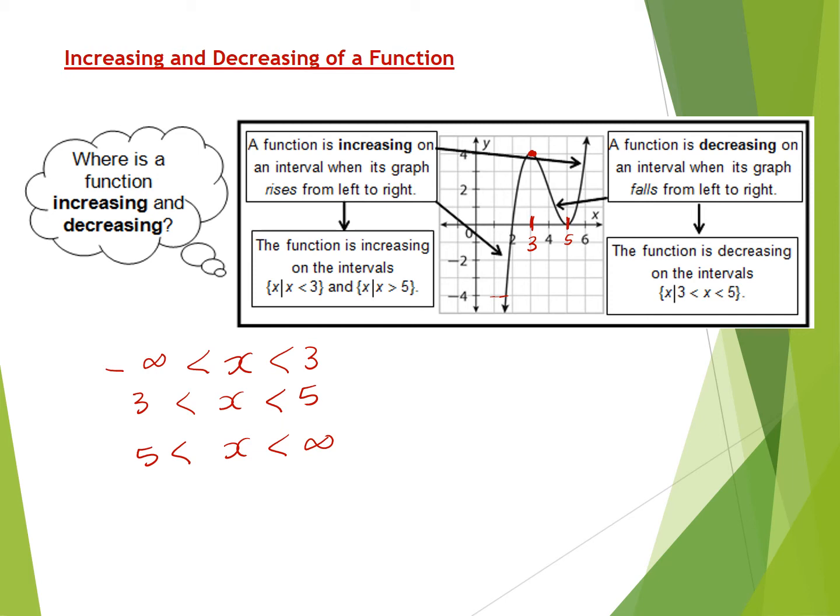So this part, it's increasing. And from 3 to 5, if I can see here, the y is 4, and at the 5, the y is 0, so it's decreasing. And the last part from 5 to infinity, so at the 5 here, it's 0, and it's going up till 4 or more, so this is increasing.